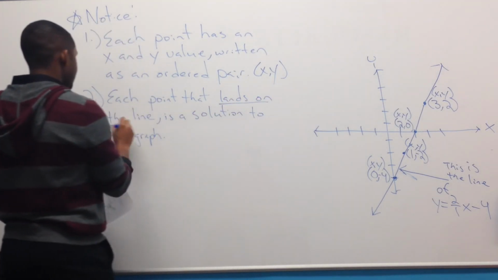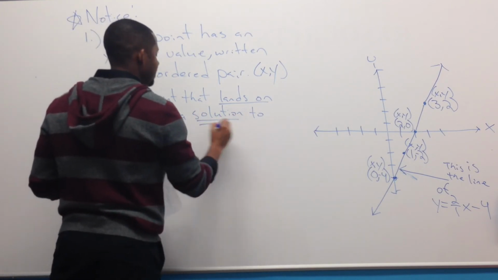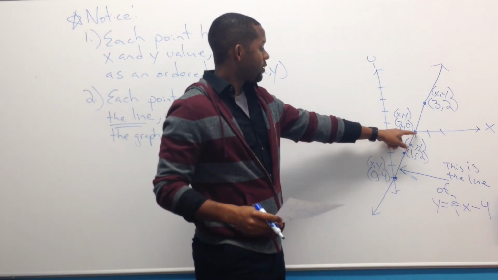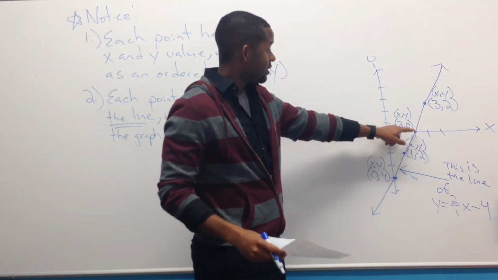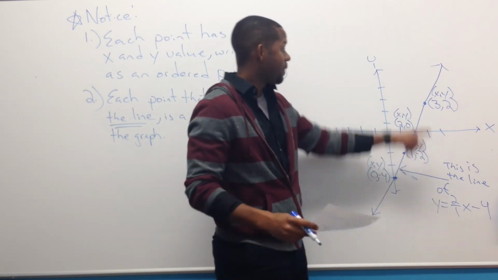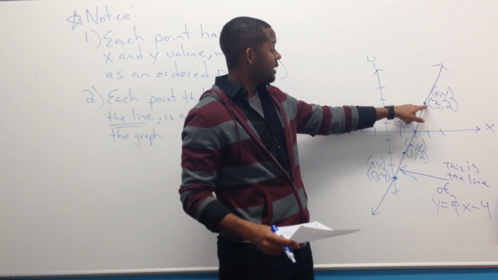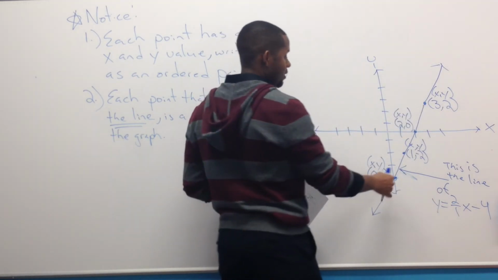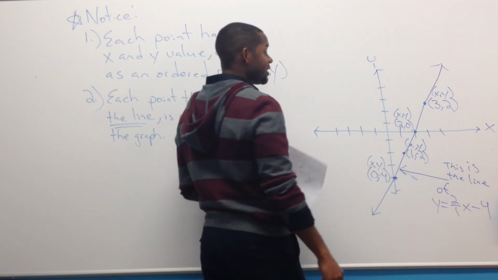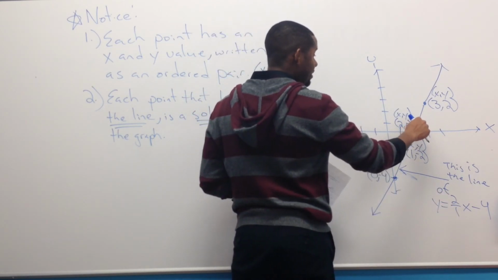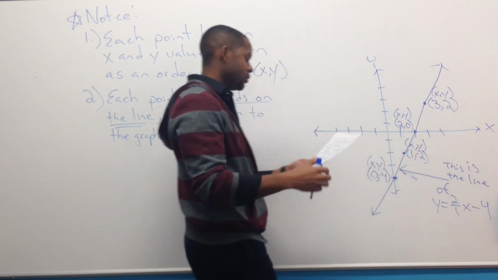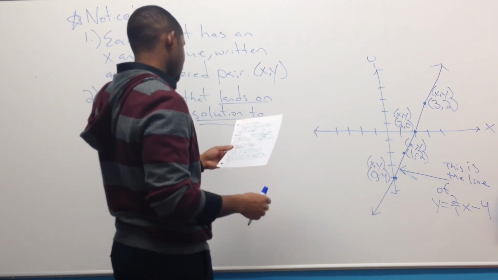If it lands on the line, that means it's a solution. 2, 0, this point right here, is a solution to the graph, to the line, and it's a solution to this equation. 3, 2 is a solution to the line, it's a solution to the equation. 0, negative 4, solution to the line, solution to the equation. Any point that I find here that is on this line, those are all solutions to the equation. Okay?